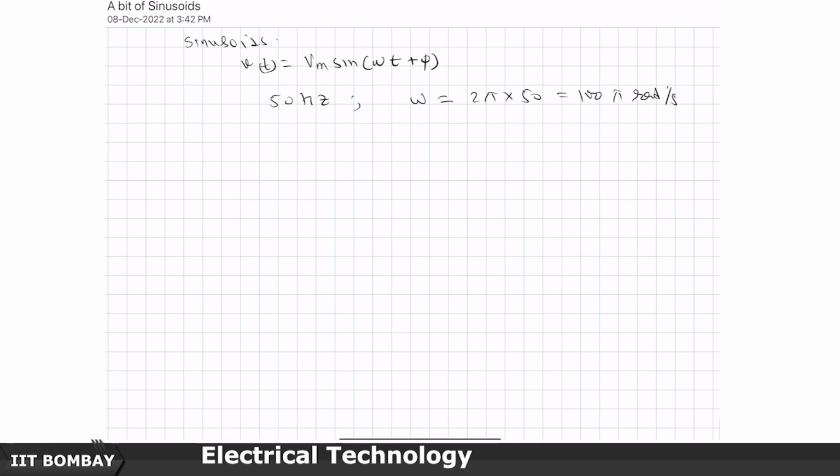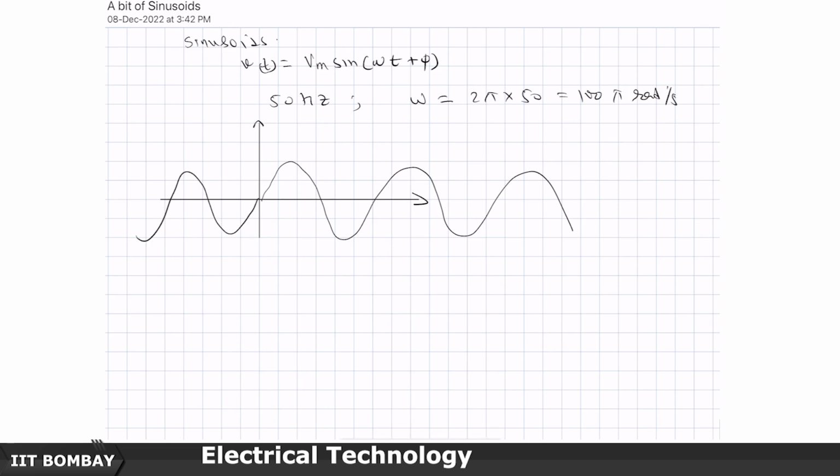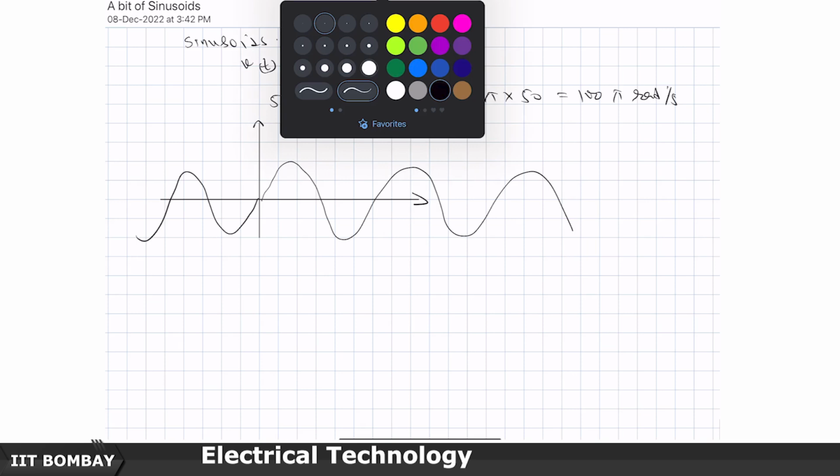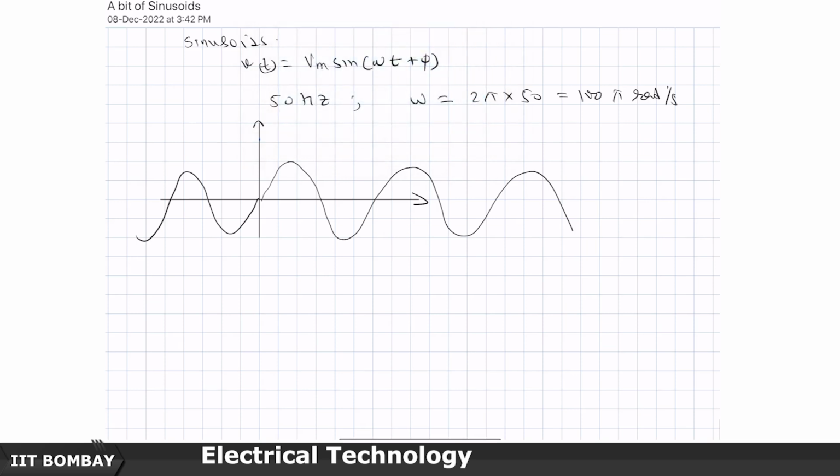So, to just get the picture back to you, this is a sinusoid, a simple sine wave, right. And if you look at this, this is a cosine wave.